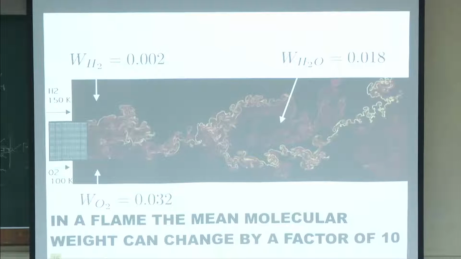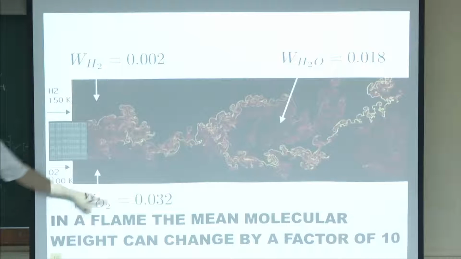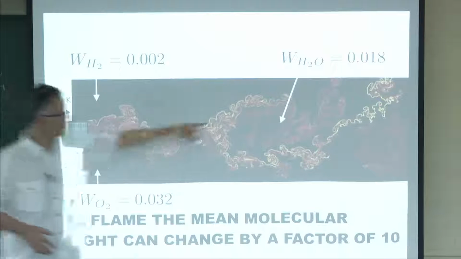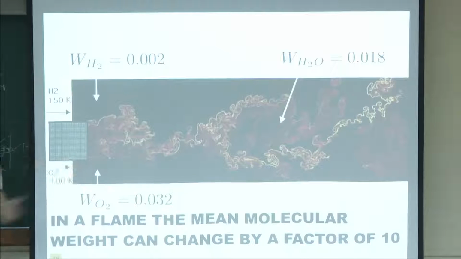I've shown here again this flow of H2 and O2. You see that the molecular weight on that side is 2 grams per mole. On that side, it's 32 grams per mole. And in the water, it will be 18 grams per mole. So obviously, it's not a constant. So that will make our life complicated. When you talk now about the state equation, we need to account for these changes.